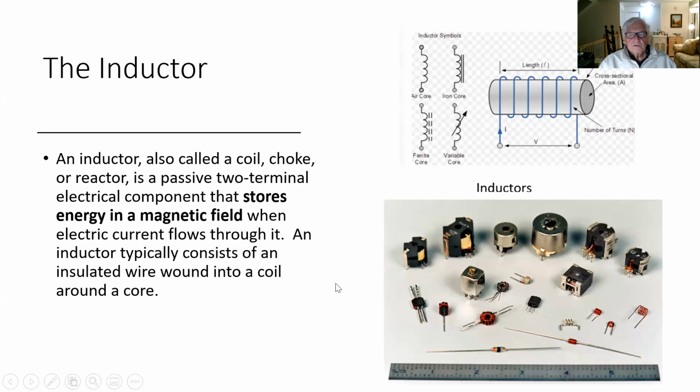Okay, as opposed to the capacitor, the inductor is quite the opposite. It's also a two-terminal device. It's also called a coil or choke, a reactor. Two-terminal, stores energy, though, in a magnetic field, not an electric field. So it basically consists of an insulated wire coil around a core.